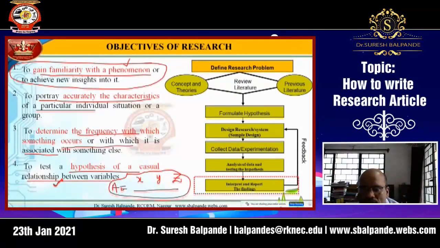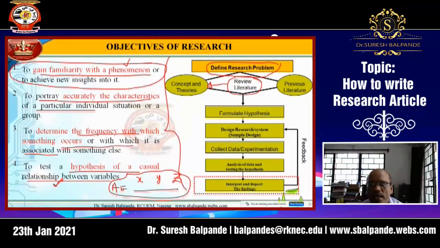Now, as far as this research flow is concerned, what do we have to do? First of all, we have to define the research problem. Then you have to check whether it is a current problem or not. For that, you have to go for the literature survey, literature review. Then from this literature review, you will get the concepts and theory already established by other researchers.